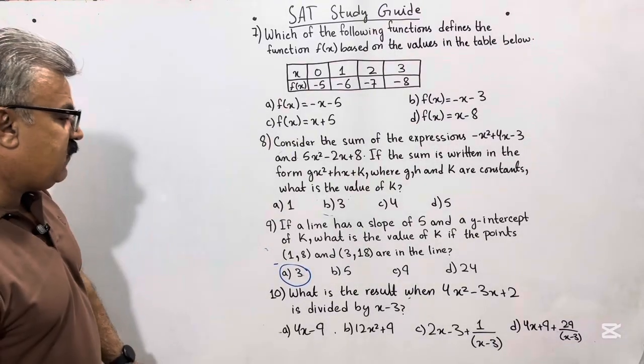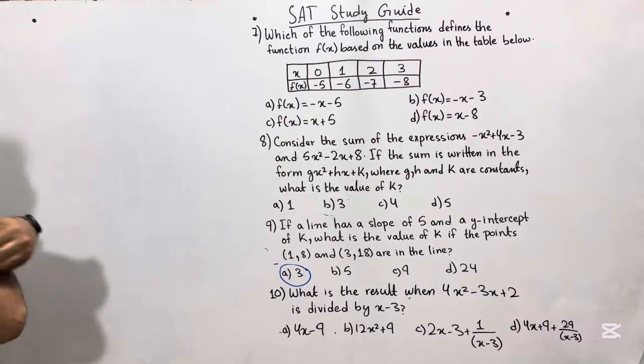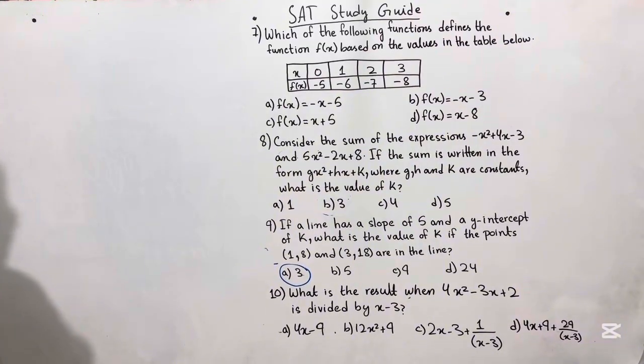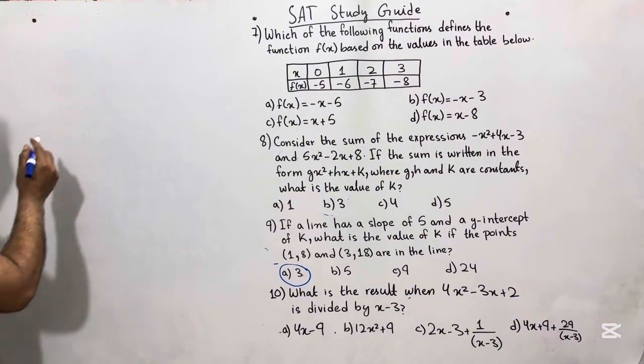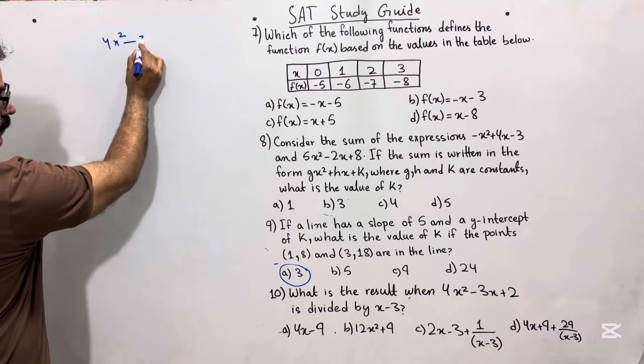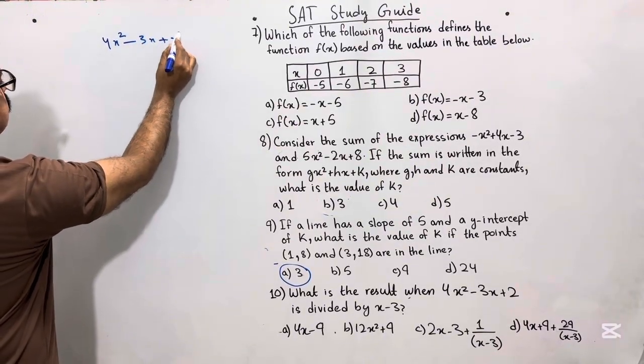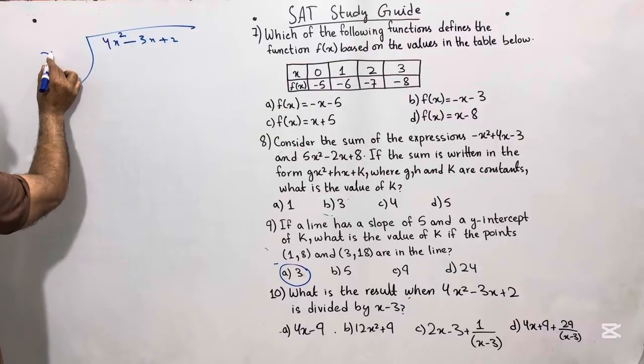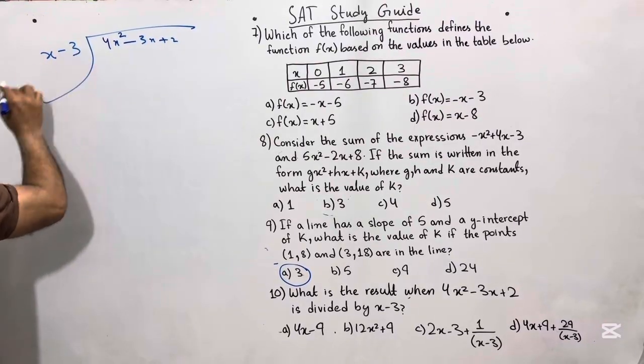what is the result when the expression 4x squared minus 3x plus 2 is divided by x minus 3?